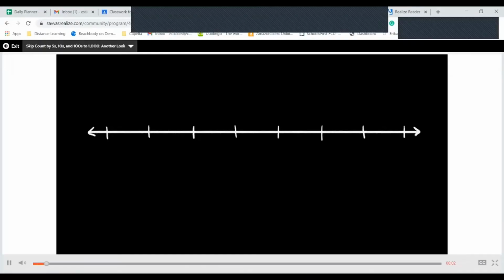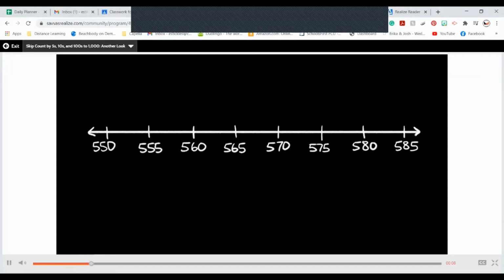Hey, look! I have a number line here, but it needs some numbers. There we go. It shows skip counting by 5s. And check out the 1s digits. What do you notice? Exactly. They keep changing back and forth from 0 to 5.